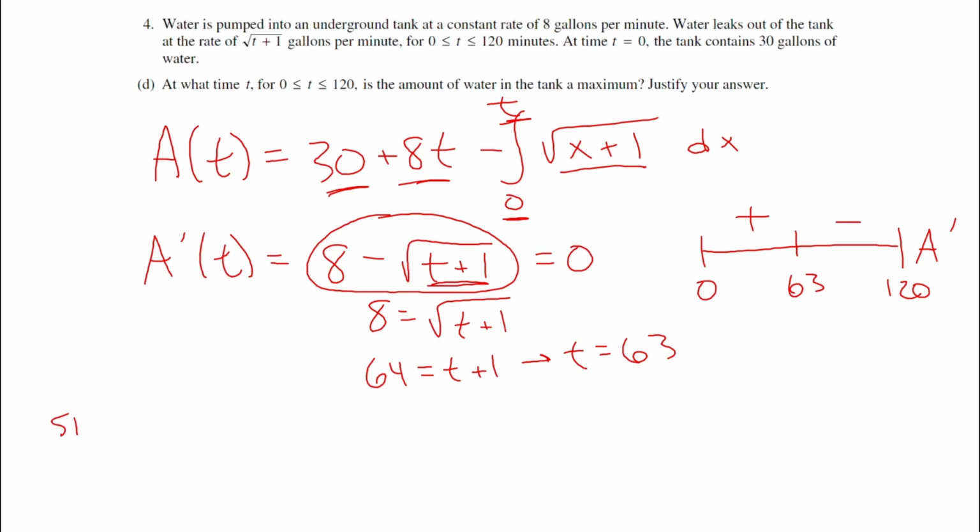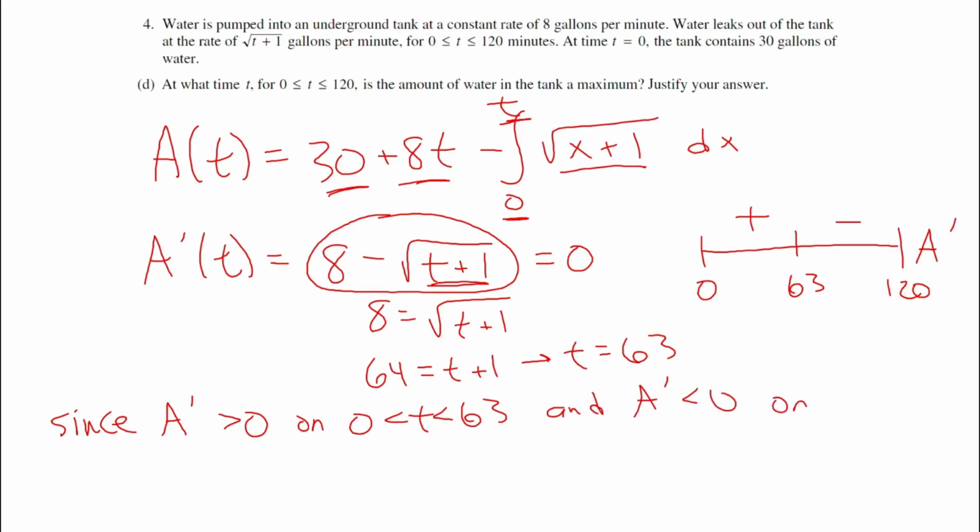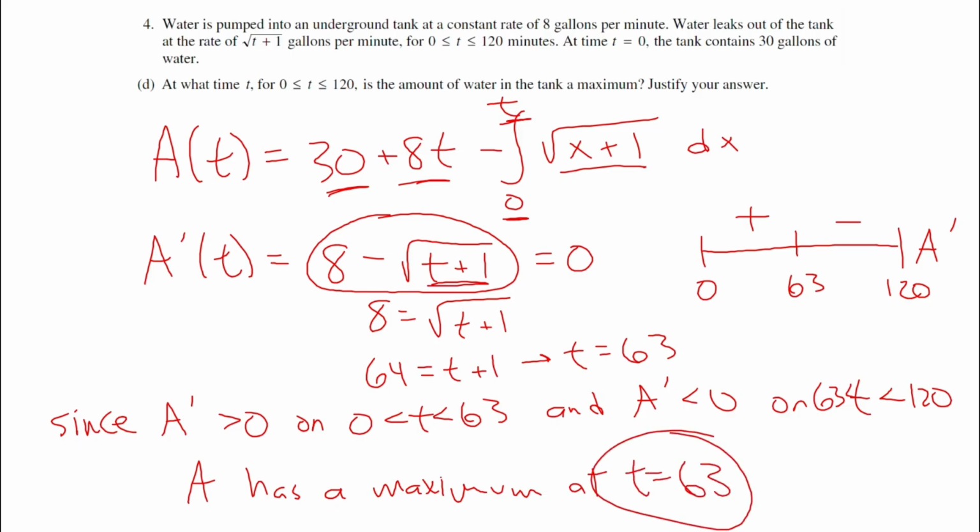So we'll say, since A prime is greater than 0 on 0 to 63, and A prime is less than 0 on 63 to 120, A has a maximum at t equals 63.